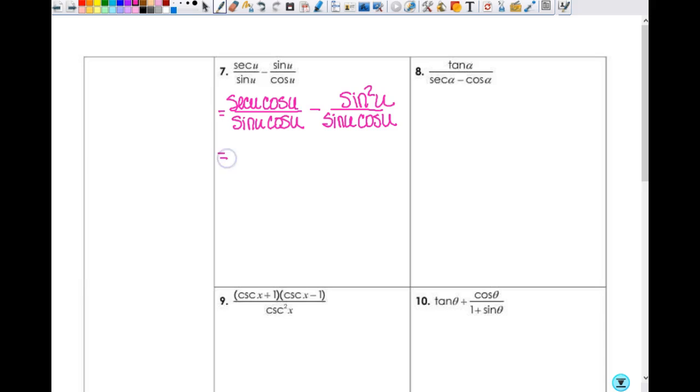I can put them together, but I can do a little bit of cleanup at the same time. What is secant times cosine? What is secant the reciprocal of? It's 1 over cosine. So this is like 1 over cosine times cosine. What does that give you? 1. So I get 1 minus sine squared u over sine u cosine u.